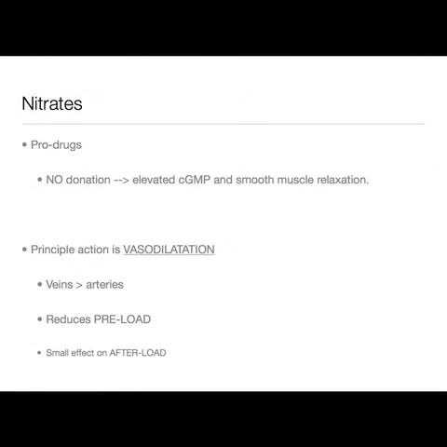As mentioned earlier, this results in a reduction in venous return and preload, meaning that the heart has to perform less work and therefore has less demand for oxygen. This demand can hopefully be met by the stenosed vessels. Note also that nitrates decrease afterload and as such can have an important role in the treatment of cardiac failure.